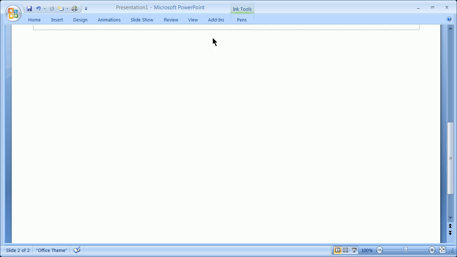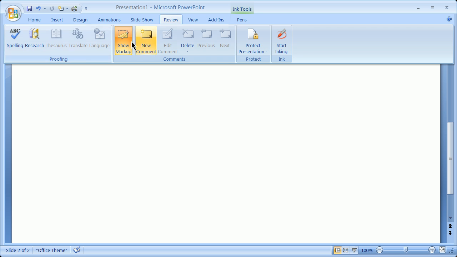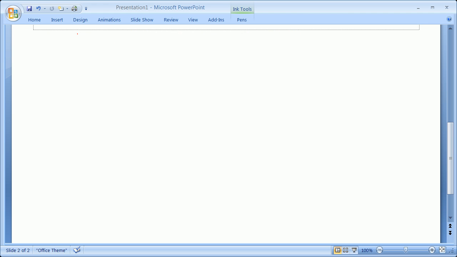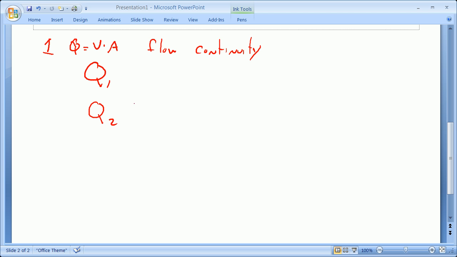All right, so one type of problem: Q equals V times A. That's called flow continuity. It has one separate thing that you need to realize, that very often you could have Q1 and Q2 coming together into Q3.